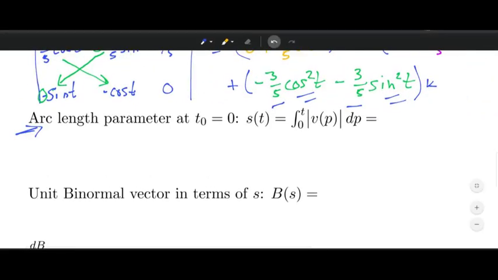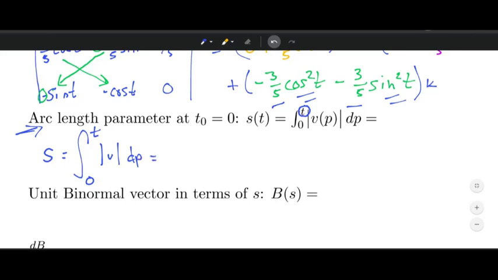So I have s of t is the integral from 0 to t of the magnitude of v. I just use the letter p here because I have to end up plugging in t, so I picked p so I have a different variable. So our arc length parameter s is the integral from our starting t value, which is 0, to t of the magnitude of v, and we'll say dp.